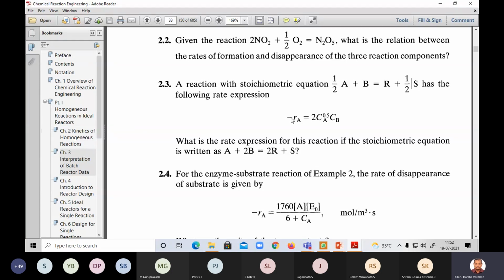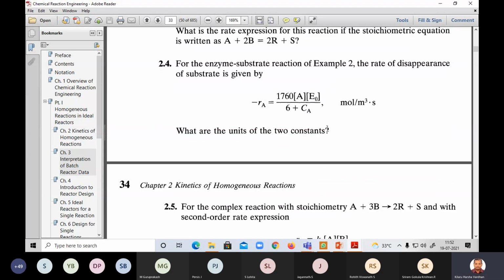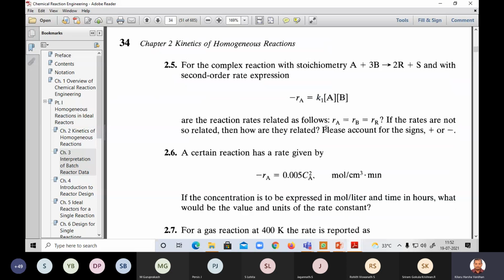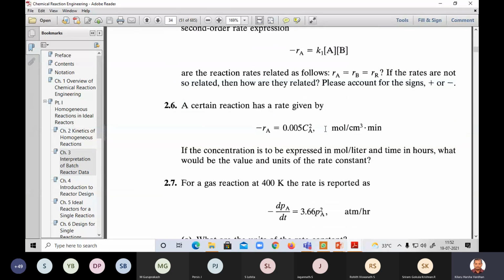Since it is an elementary reaction, it is the same here. If it is non-elementary, then it may change; we never know. That is the answer. Good, Rohit.